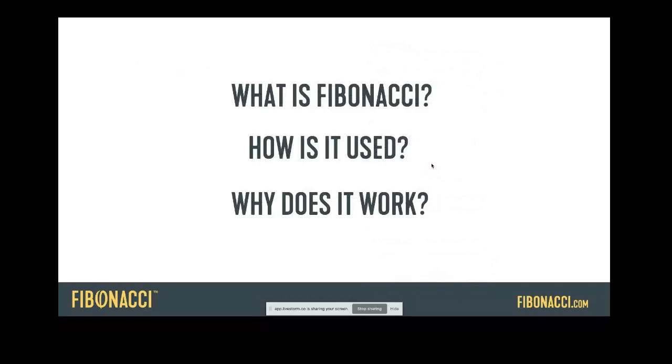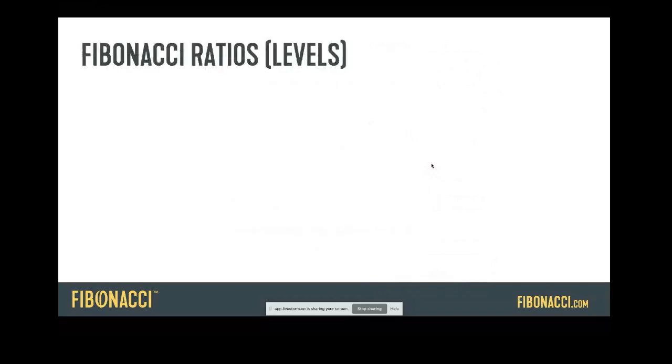So we've discussed what is Fibonacci. Now we're going to talk a little bit about how it's used. Okay, this is where we start having some fun with the charts. Before we jump into the charts, I want to talk about how we apply these Fibonacci ratios or these levels. You're going to see this when we do a real world application on the chart, but just to mechanically go through the process, I want to start with the first two numbers in the Fibonacci sequence, 0 and 1.